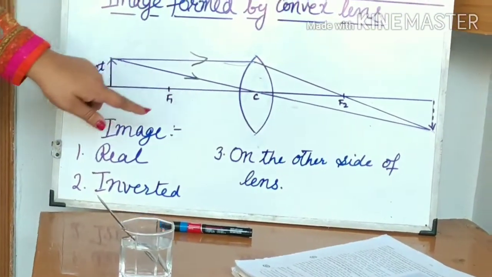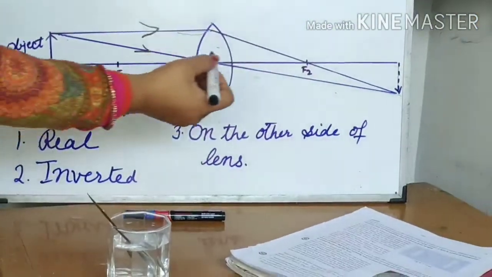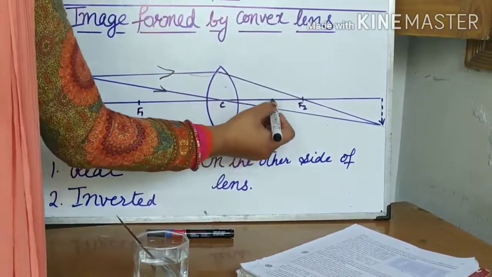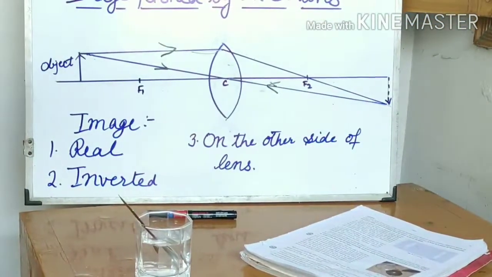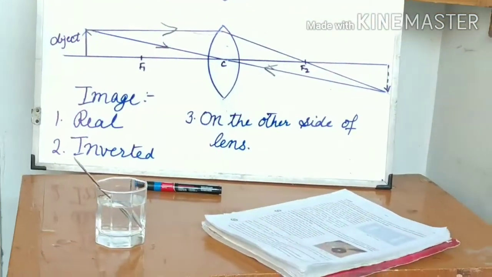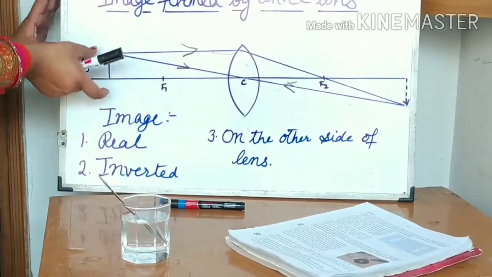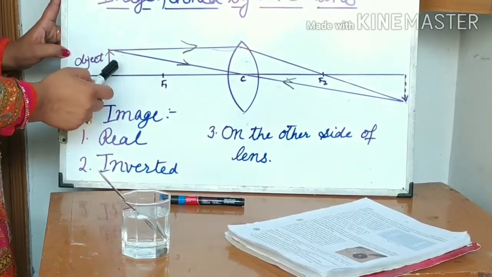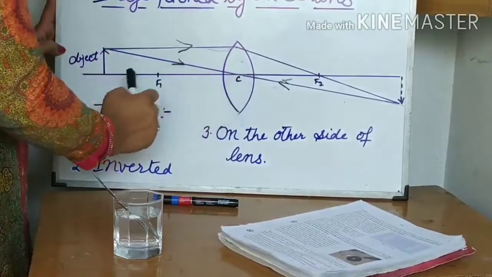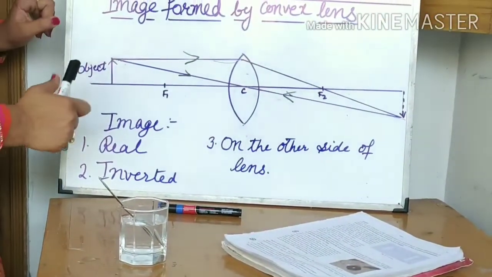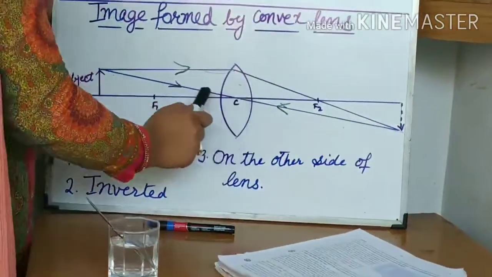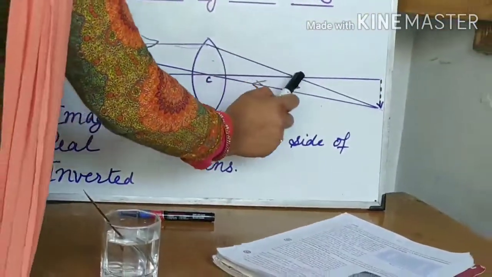This ray is always retraced back. In which direction is it refracted? It is refracted back in the same direction. Now see how the image is formed. Here it is, the object is here. Now one ray is parallel to the principal axis, and we know that according to the rule, a ray which is parallel to the principal axis always passes through the focus.